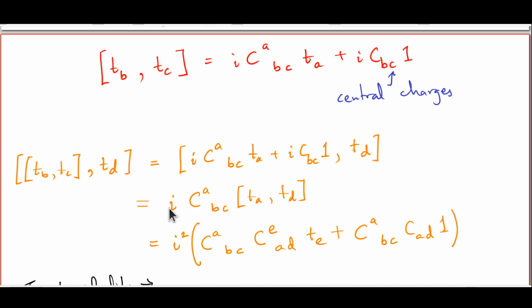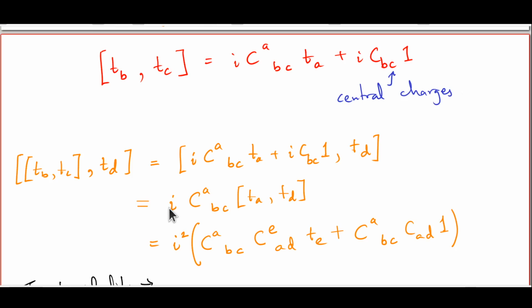Remember, the Jacobi Identity is simply the statement that if you take the commutator of x and y with z, that is, the commutator of x and y commutator with z, and then cyclically permute the elements around, the sum of all three would be 0.